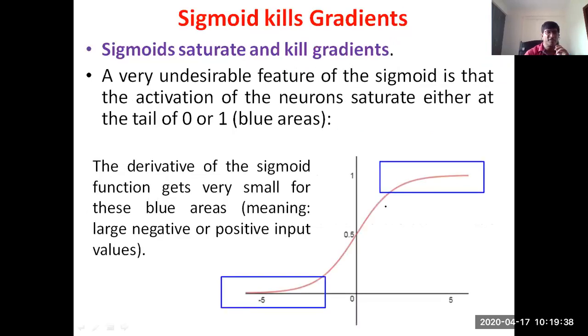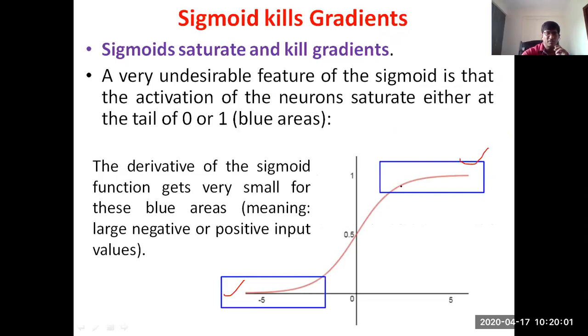Sigmoid functions saturate and kill the gradients. For example, over here you can see that the activation of the neurons saturates either at 0 or at 1.